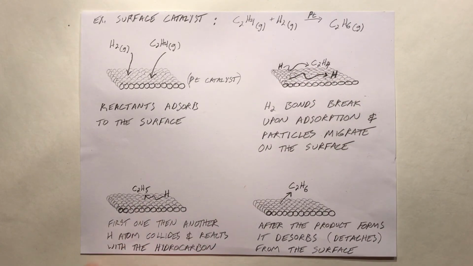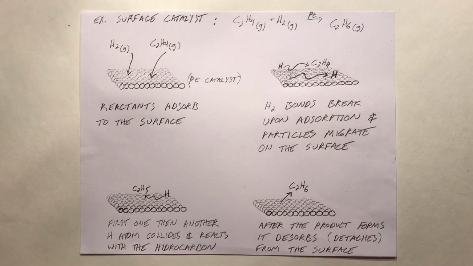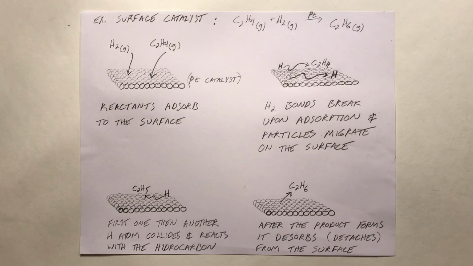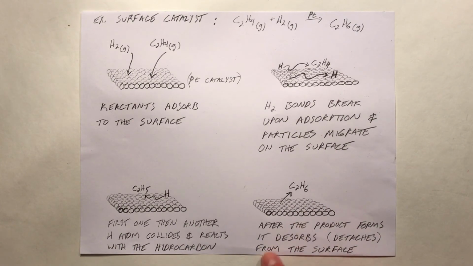So first one and then another hydrogen atom will collide with that hydrocarbon. So once the C2H5 gets formed, another hydrogen collides with it and it forms C2H6. C2H6 no longer has any attraction for the surface. So after the product C2H6 forms, it desorbs or detaches from the surface.